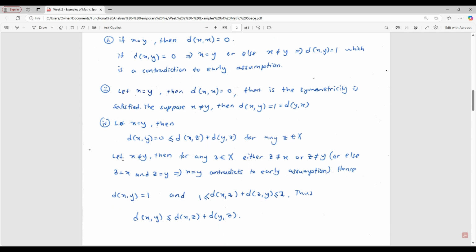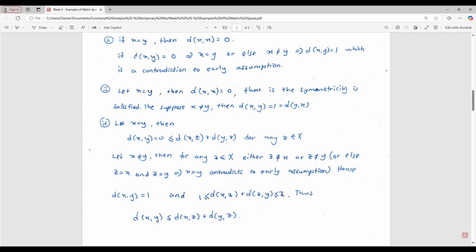So now we are going to consider the second case where x does not equal y. So when x does not equal y, then the distance between x and y must be equal to 1. So therefore, when we take any z inside the set capital X here, it could be either z does not equal x or z does not equal y.